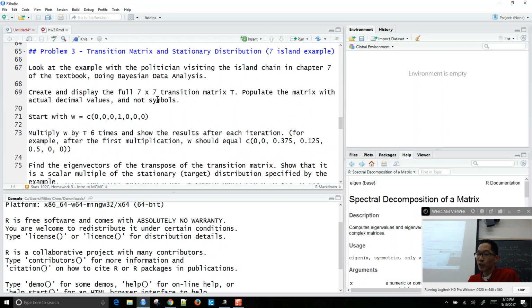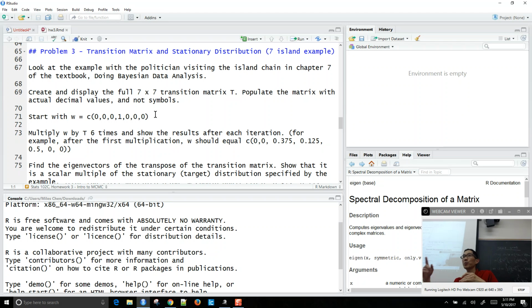And then problem 3 is very similar. It's actually straight from our textbook, and I'm having you create the 7x7 transition matrix. In the textbook we had those 7 islands, and the politician is traveling to each of those 7 islands, so you would have a 7x7 transition matrix. In problem 3, it's your job to create that using the actual values, and then you would see how multiplying a current distribution state by the transition matrix will change the resulting probabilities.